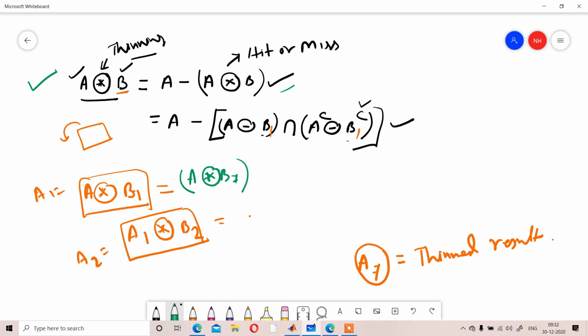Because the clockwise direction starts with B1, the anti-clockwise direction starts with B7. So first thinning is happening considering the structuring element B7, whereas in the clockwise case thinning is happening by the structuring element B1. So obviously the A1 that you will get is not the same.